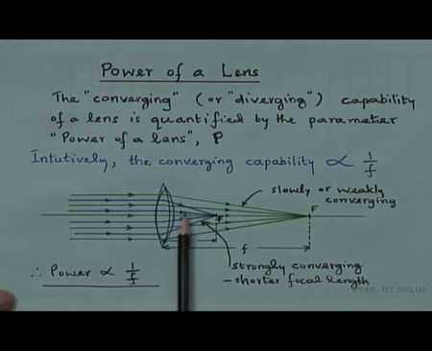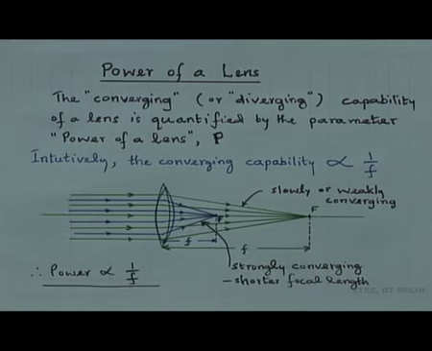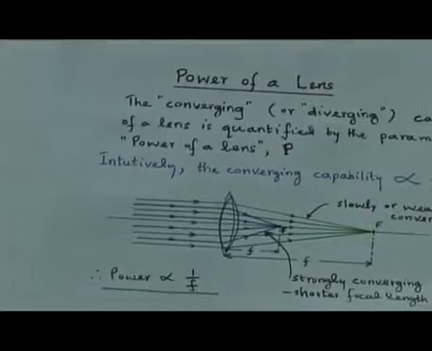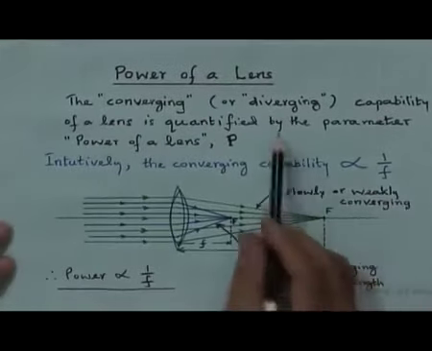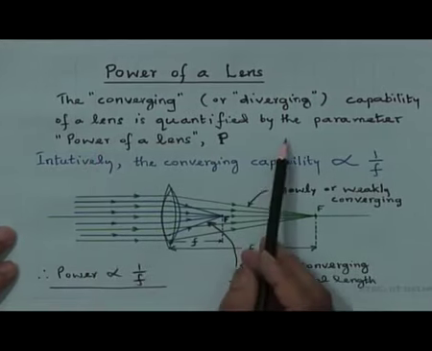A parallel beam incident on a convex lens will converge to the principal focus. And if it is incident on a concave lens, it will diverge. So the converging or diverging capability of a lens is quantified by power of a lens.